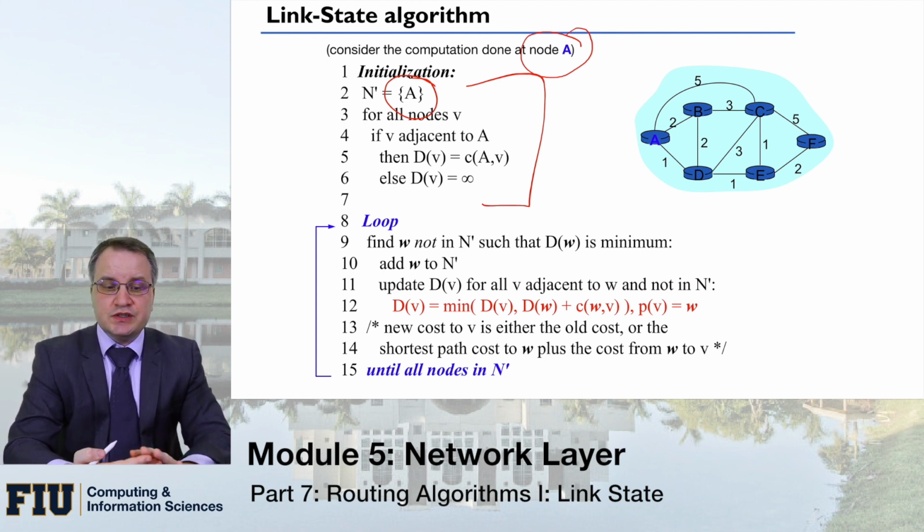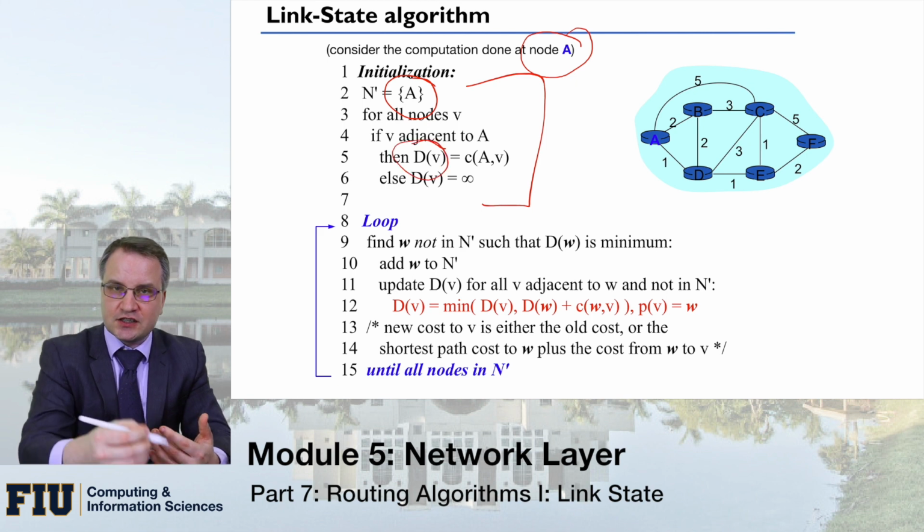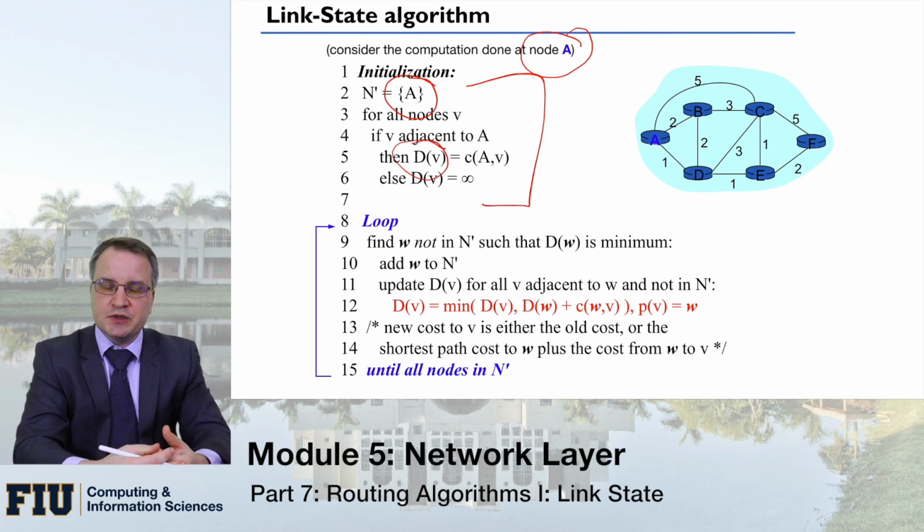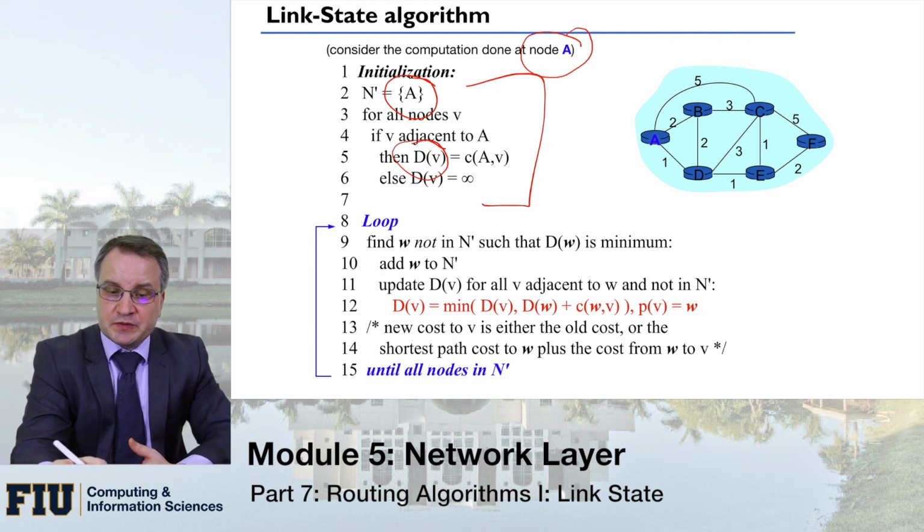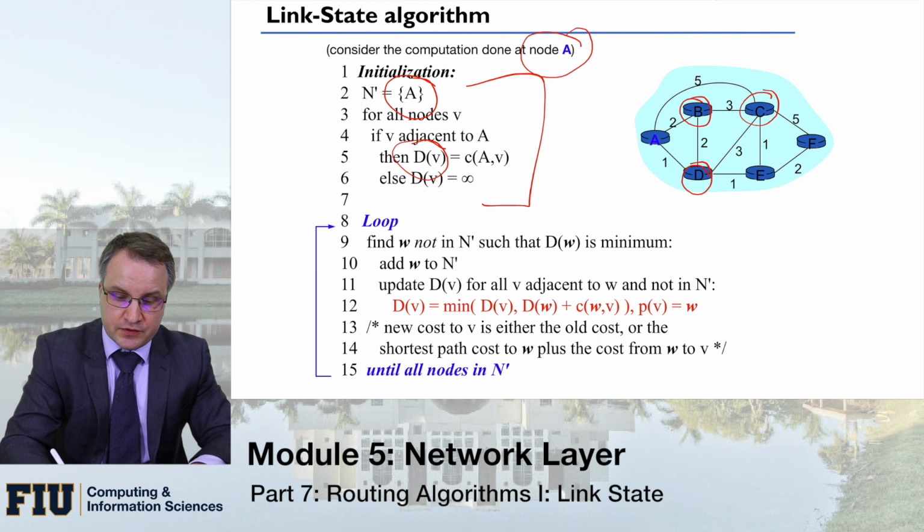So what we do is try to find a node among the nodes that we have not yet considered, such that the distance to that node, from whatever we already initialized and will update a little bit later, is minimal. From the initial perspective, we're going to have D(v) initialized for node D, node B, and node C. D(C) would be exactly 5.